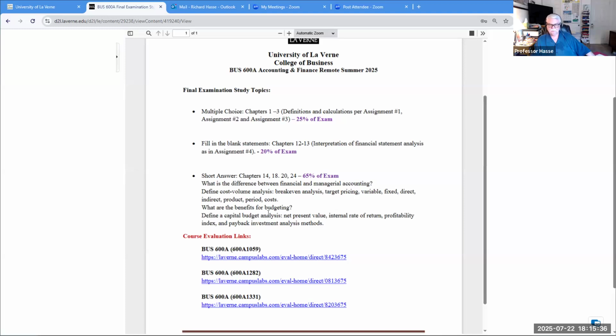And then finally, the last part of that exam section is define a capital budget analysis, net present value, internal rate of return, profitability index, and payback investment analysis methods. These are all in capital budgeting analysis, which takes all the information you have from your accounting information, and you plan a strategy of whether you're going to make an adequate return on investing capital in an asset.